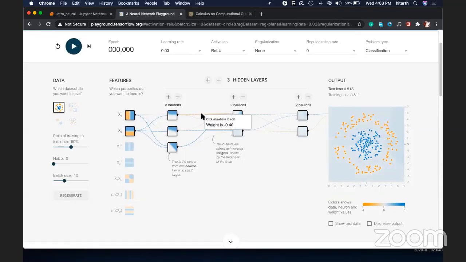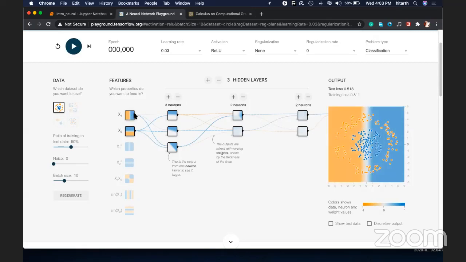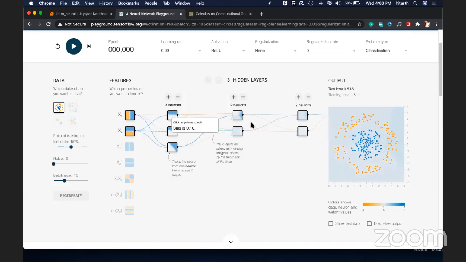So you can see the weights here, minus 0.40, minus 1.8, whatever, and 0.40, of course, and so on. When I pass a point to it, it will flow through, and some calculation will happen. Then you will activate this or this, or maybe both with some value, and the net result would be displayed here. That is what is going on in this network.